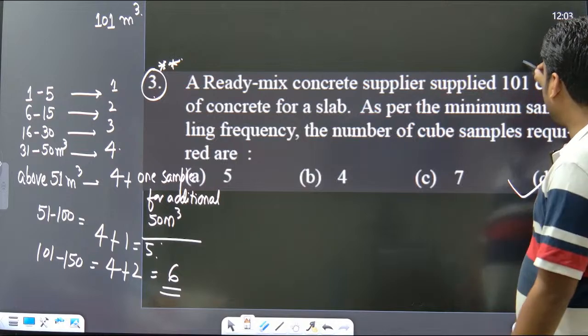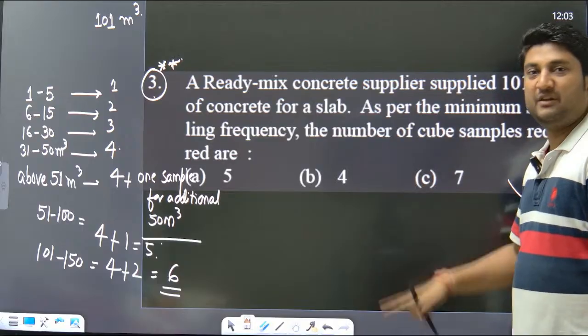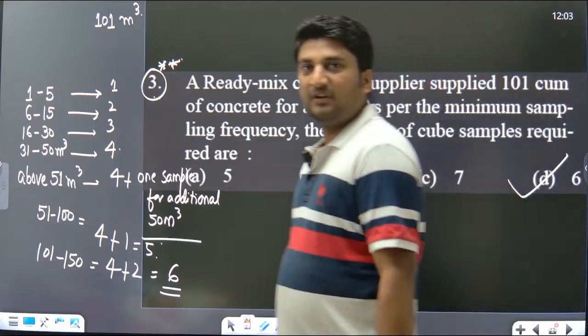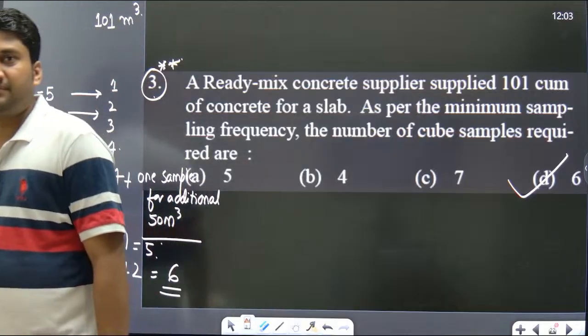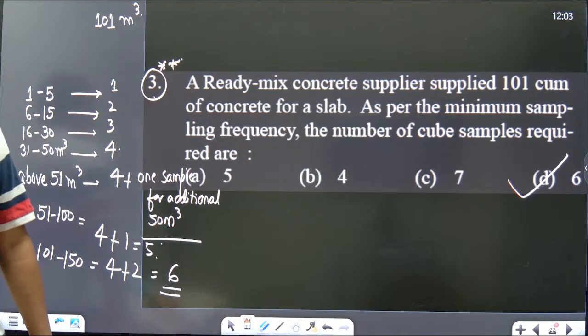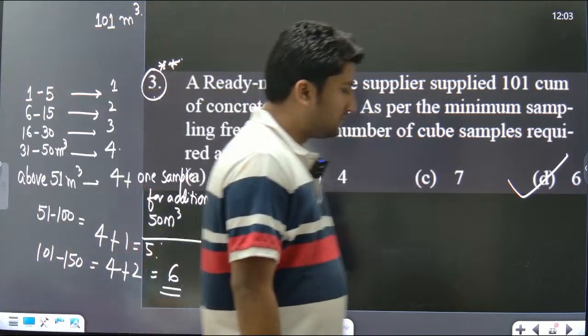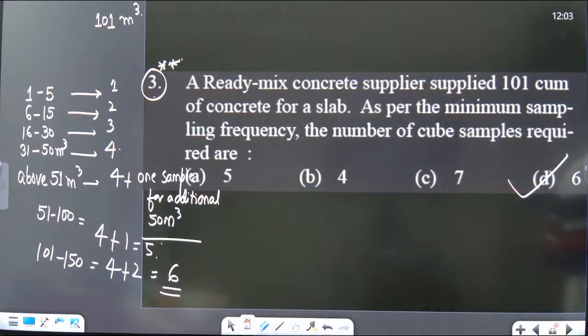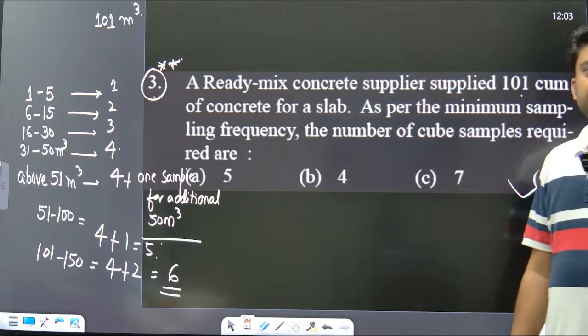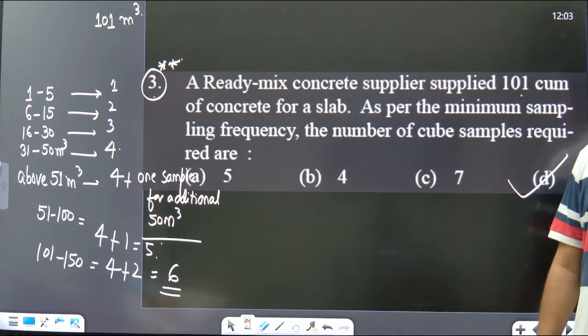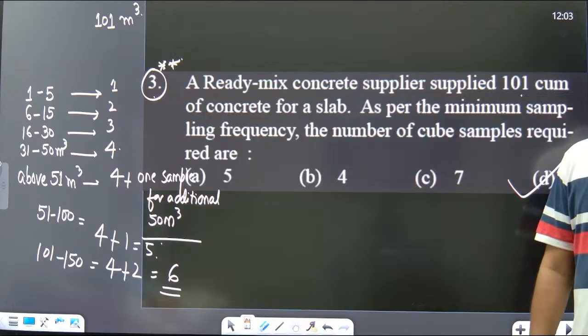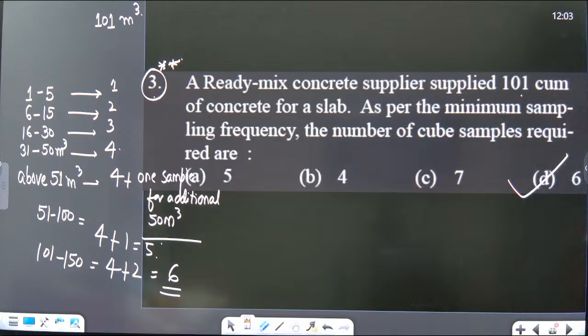If it would have been 100 cubic meter, then the sample will be 5. Understood? So option D is the correct answer because it is 101 cubic meter. This is the logic. This is a very good question. Please note down this question and the data. Very good question, guys.